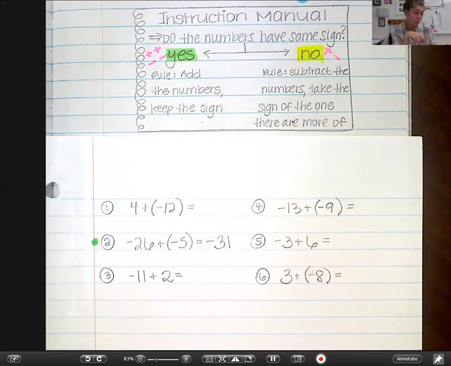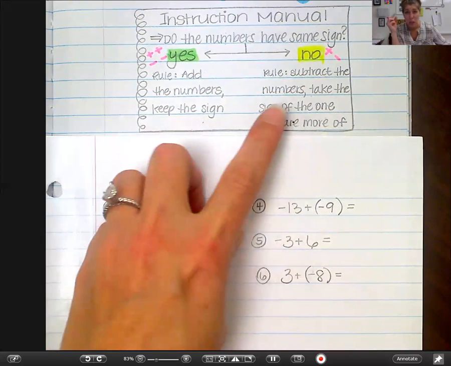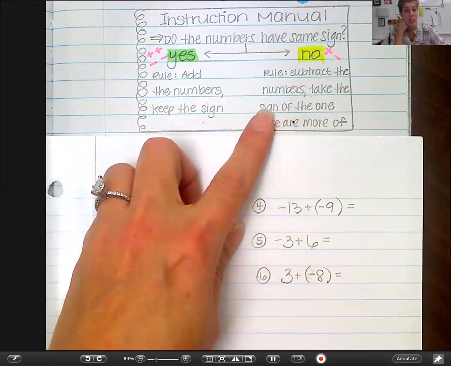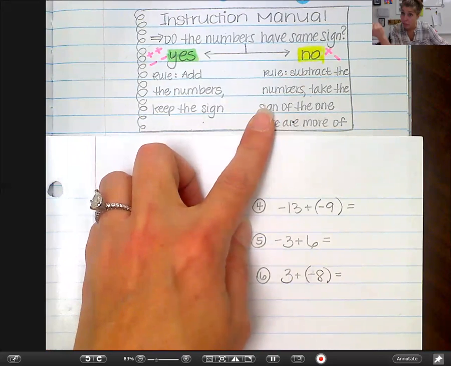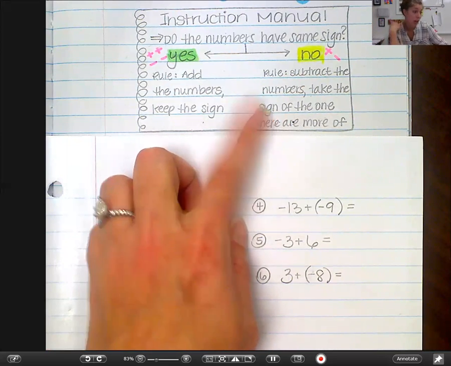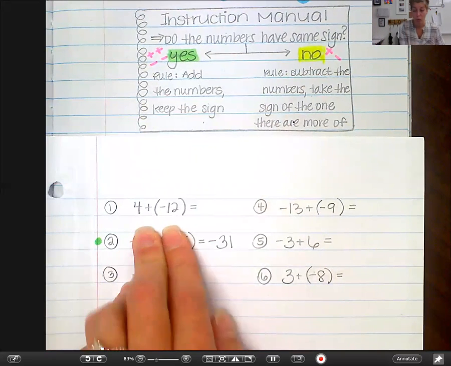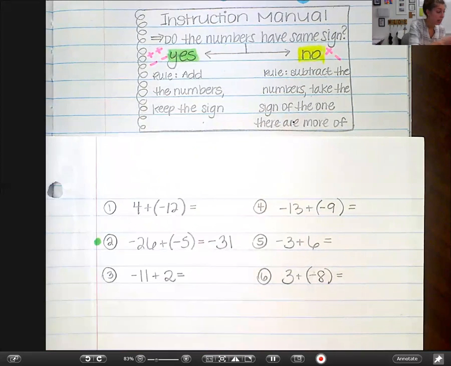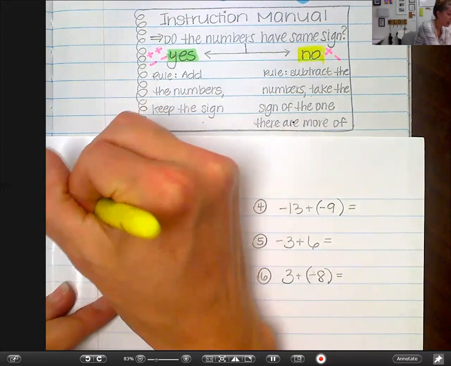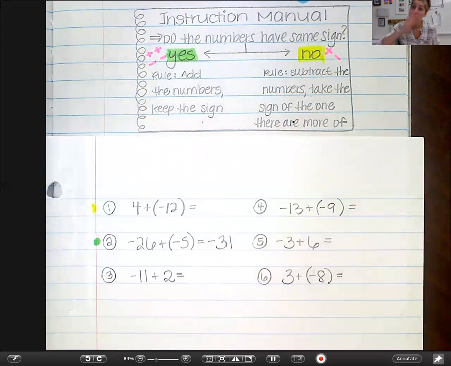Same situation. So there's no real cool snap thing I'm going to ask you here. If they're different, we subtract their values, big minus small, and then we take the sign of the one there are more of. So for example, question number 1 has two numbers that have different signs. One is a positive, one is a negative.